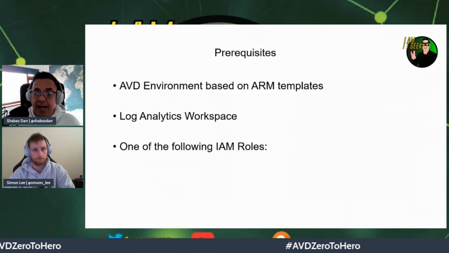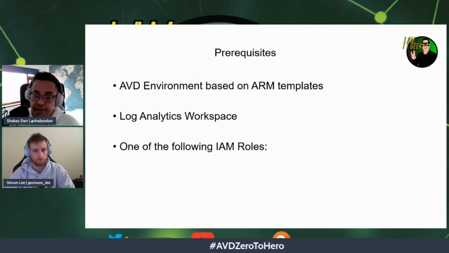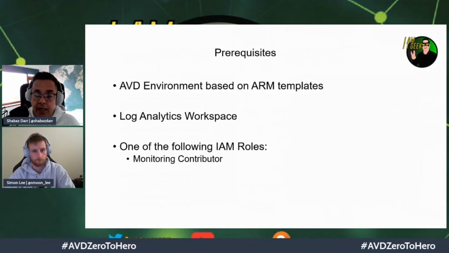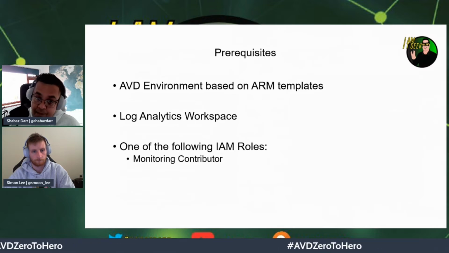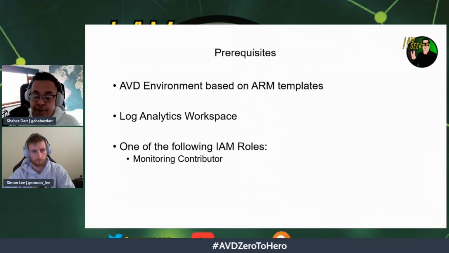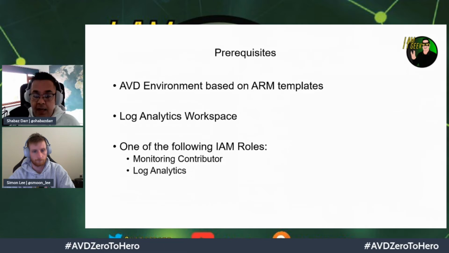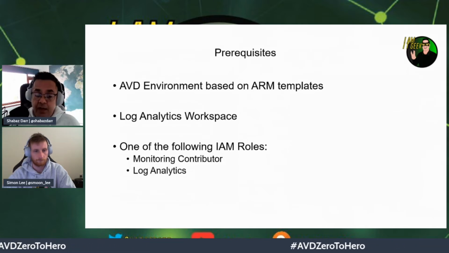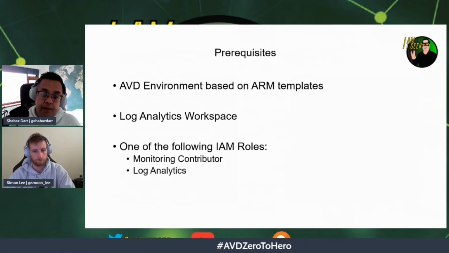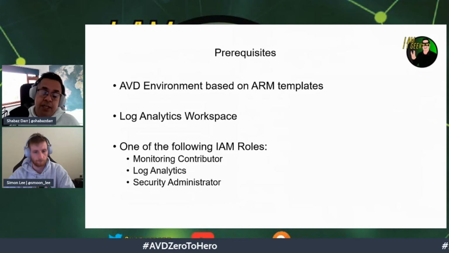And then, we can't get away from security and permissions. So you need one of the following IAM roles. Either a Monitoring Contributor. That contributor element allows us to configure the monitoring. The Log Analytics Contributor IAM role, or Security Administrator as well.